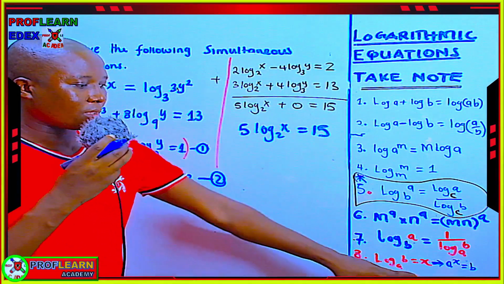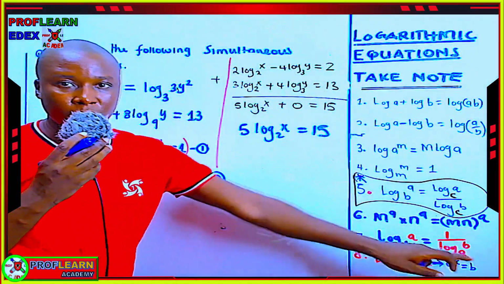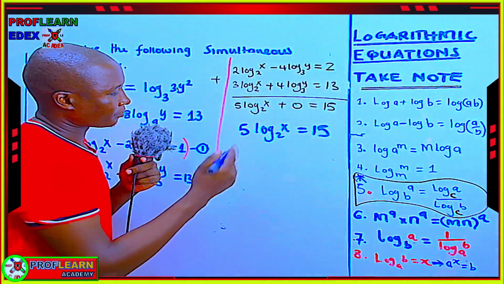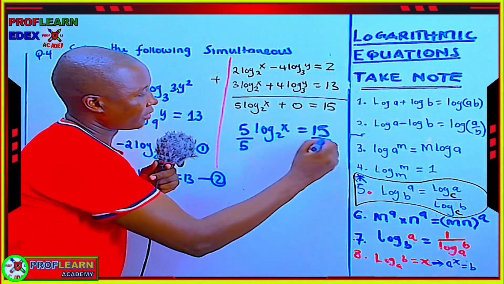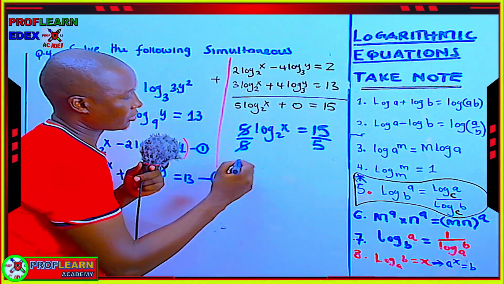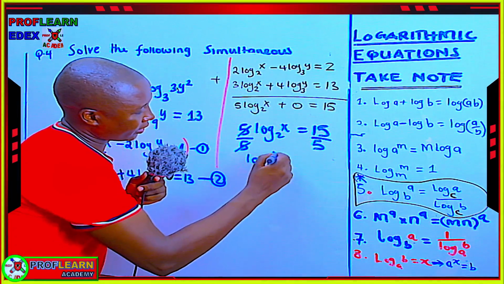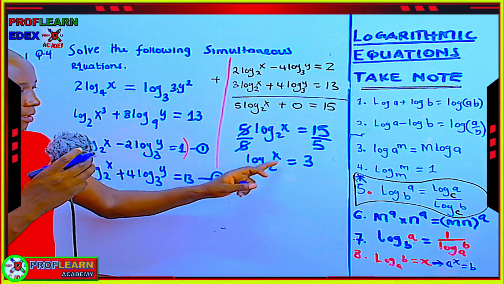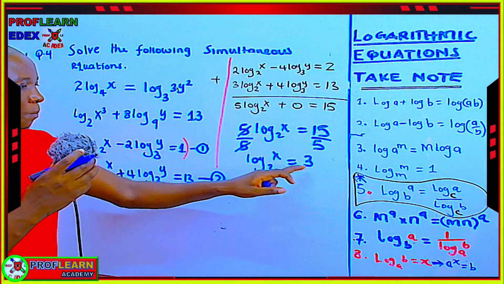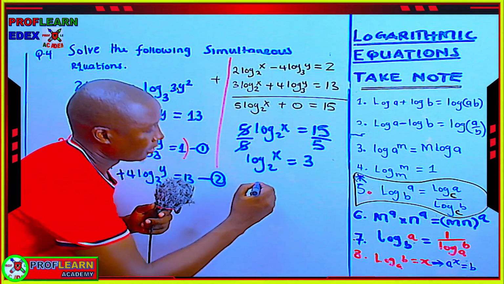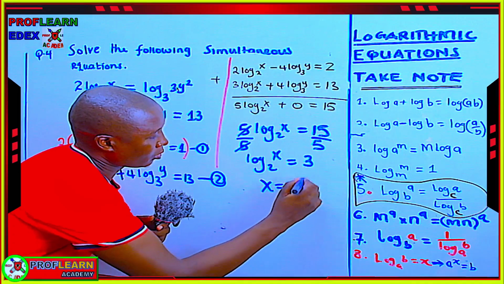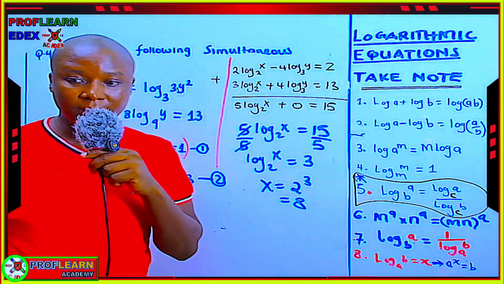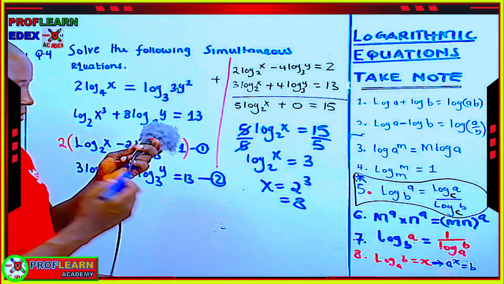Now, converting logarithmic notation to index notation, we first divide by 5, and this will cancel out. We shall have log x base 2 is equal to 3, which means that if we take 2 power 3 it is equal to x, and the final answer there is 8. x is equal to 8.